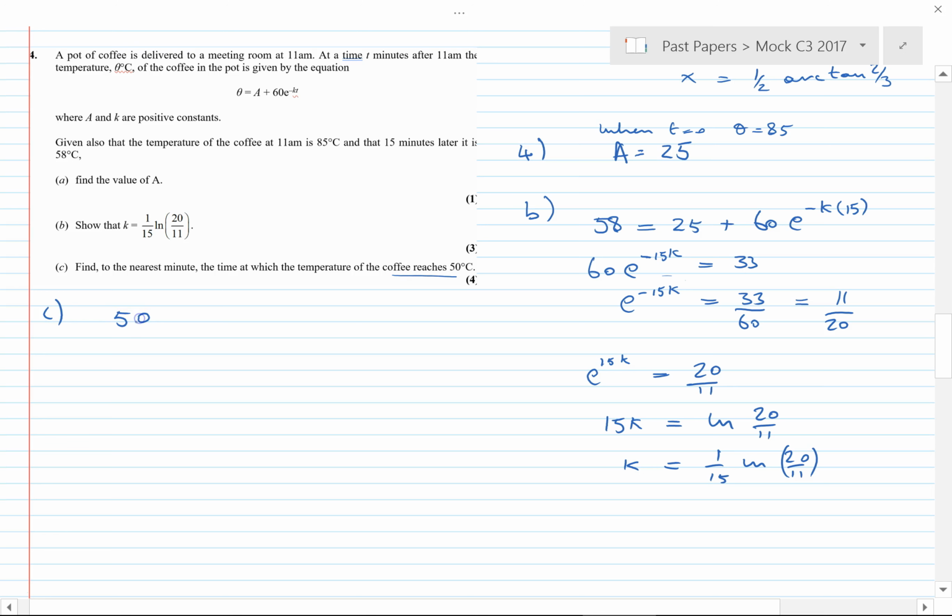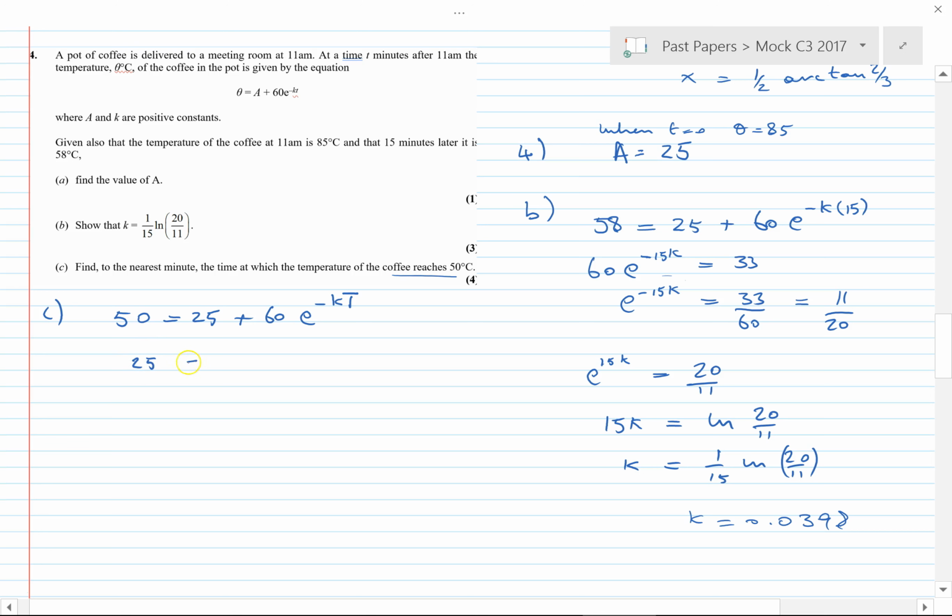So we've got 50 is equal to 25 plus 60 e to the minus k times T, big T, okay, for the time it takes, a particular time when it's 50. I'm not going to bother writing this value of k, or even the number 0.0398, until the end, just to save a bit of writing and make it look a bit neater, because we know k, and we can just do the calculation at the end.